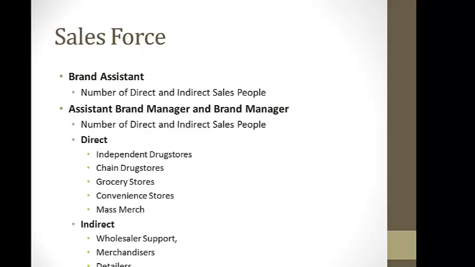Under sales force, the assistant brand manager is then added identifying the number of salespeople in direct and indirect channels. For direct channels, we look at independent drugstores, chain drugstores, grocery stores, convenience stores, and mass merchandise stores. In the indirect distribution, we look at our salespeople being allocated to wholesaler support, merchandisers, and detailers.